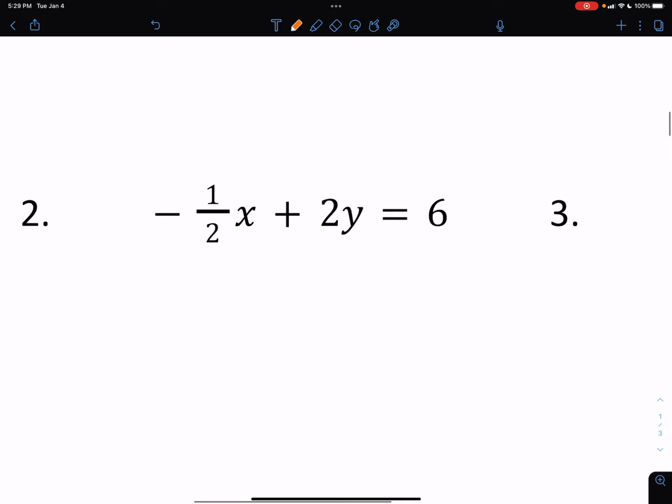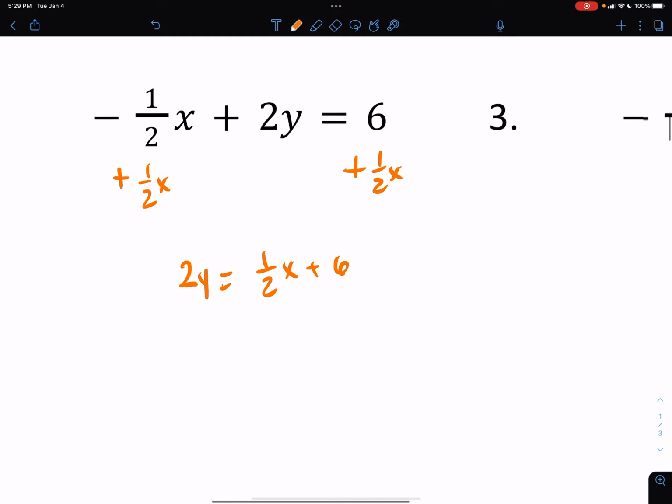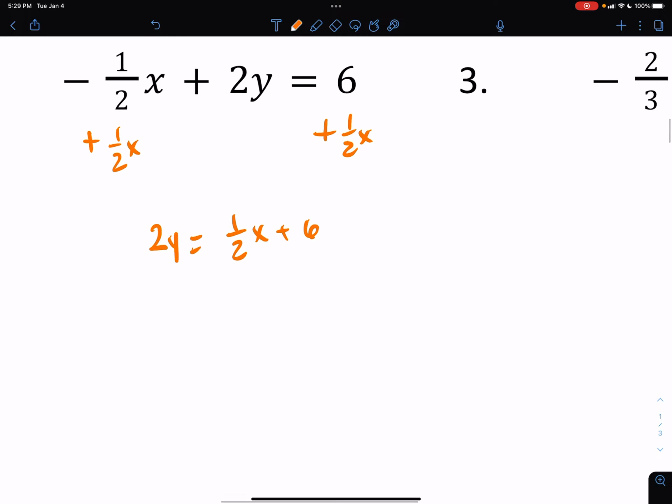The second one, let me add 1/2 x to both sides. We have 2y equals 1/2 x plus 6. And then what do I do next? Well, let's divide each one by 2. Your y equals, and some of you may be wondering, how do I do 1/2 x divided by 2?